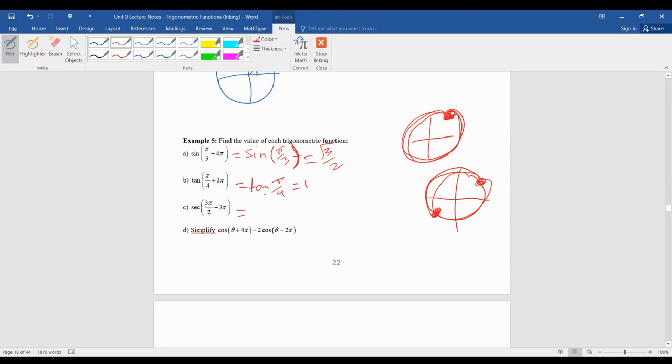The third one, secant, is a reciprocal of cosine. Whether you add 2 pi or subtract, it will be the same thing. The period for secant is 2 pi. So 3 pi over 2 minus 3 pi, because 3 pi is simply the addition of 2 pi and pi.